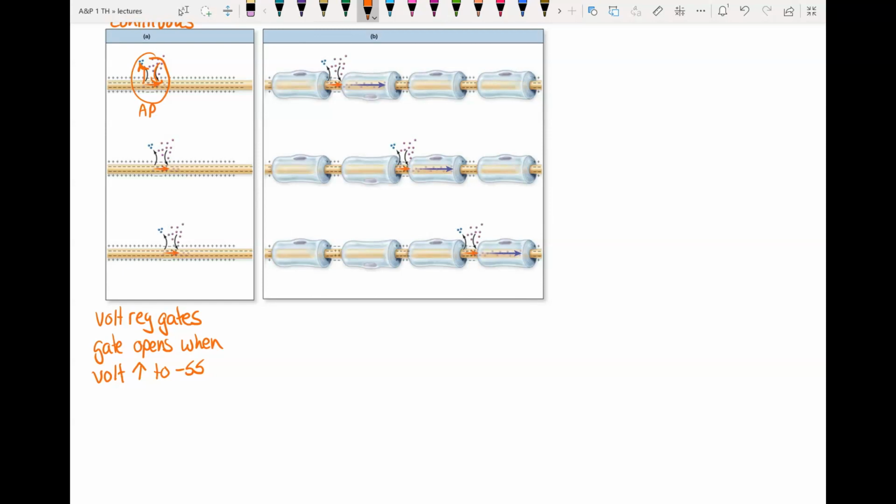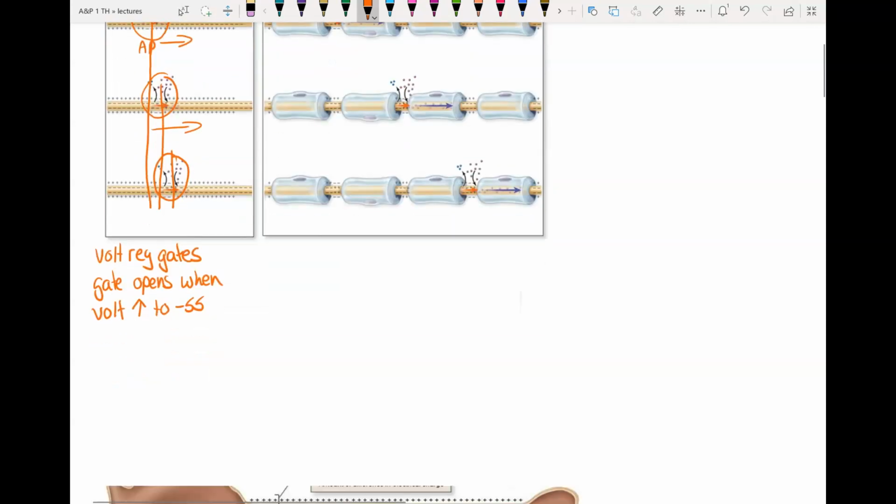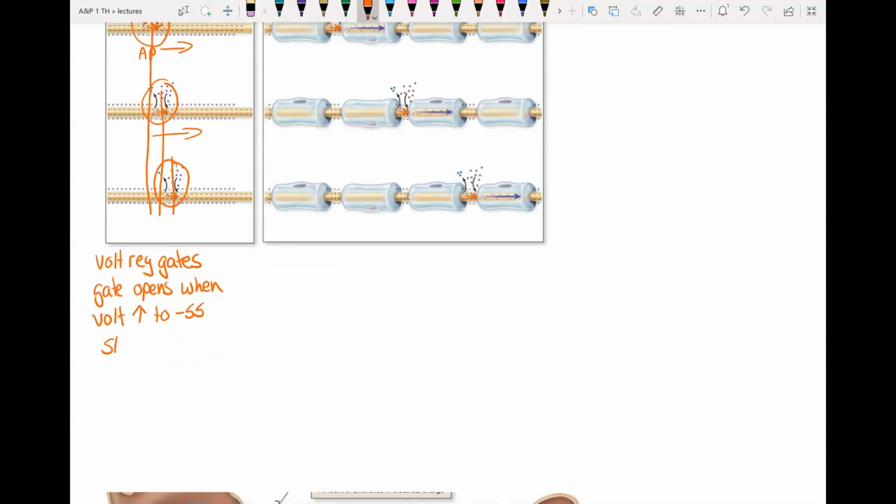So then that stimulates an action potential in the very next section of the neuron, which stimulates an action potential in the very next section. So you're moving the action potential this way, and if you line these up, you can see that it's just moving bit by bit down the axon. This will move the action potential down the axon, but this is a slow way to do it.